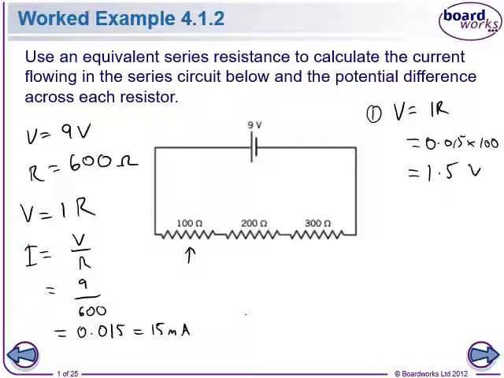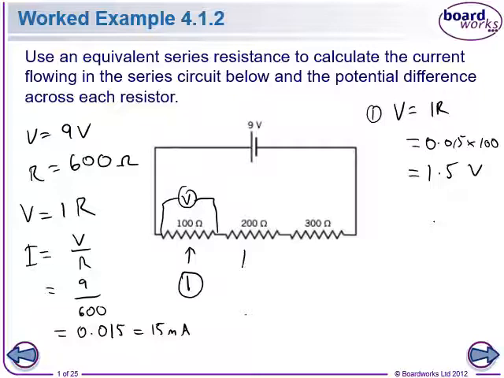Oh, sorry, 1.5 volts. So number 1, it's a 1.5 voltage drop. The potential difference across this 100 ohm resistor, if you measured the voltage across that, you would get 1.5 volts. 1.5 volts is what's changing through that 100 ohm resistor.